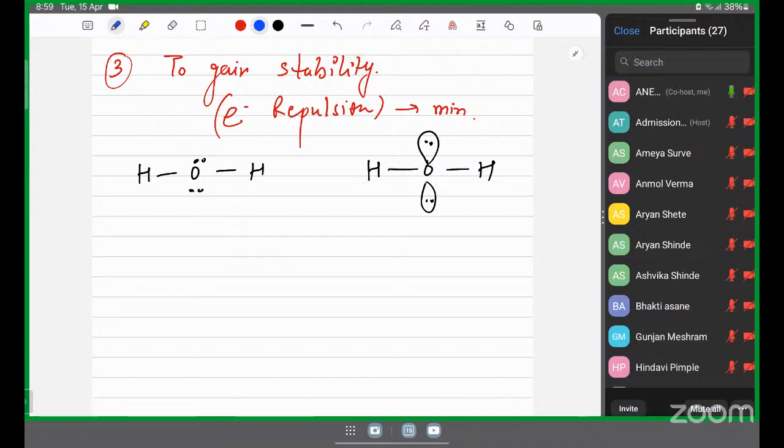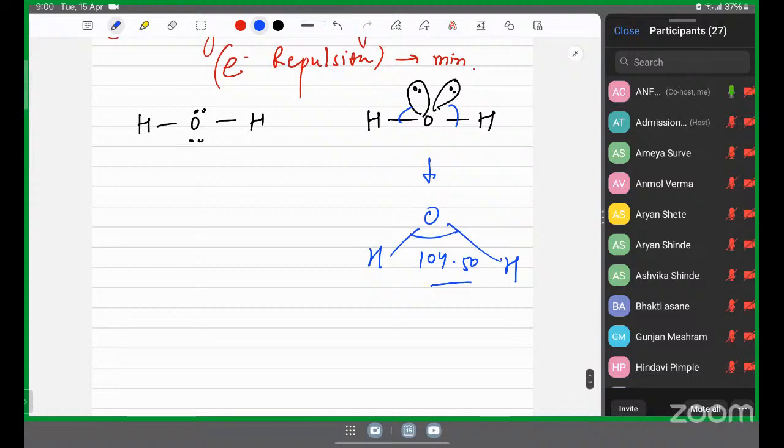And due to this repulsion, the bond pairs will be somewhat tilted, and the geometry of H2O will be somewhat like this with angle 104.5, which implies that H2O cannot exist in linear form, or in 120-degree angle, which means if there is an H2O molecule, it has to be at 104.5 degree, which implies that covalent bonds are directional in nature.